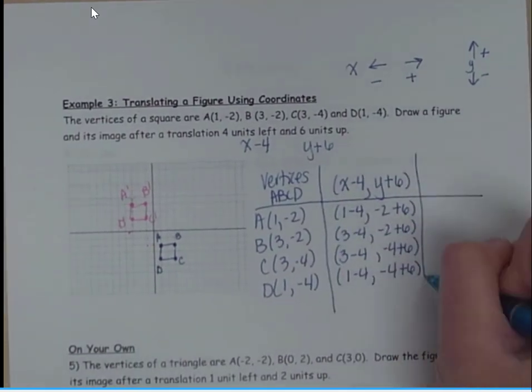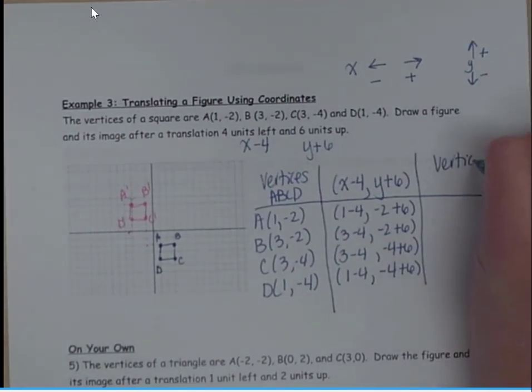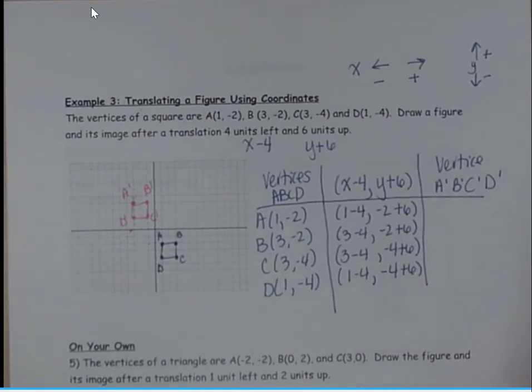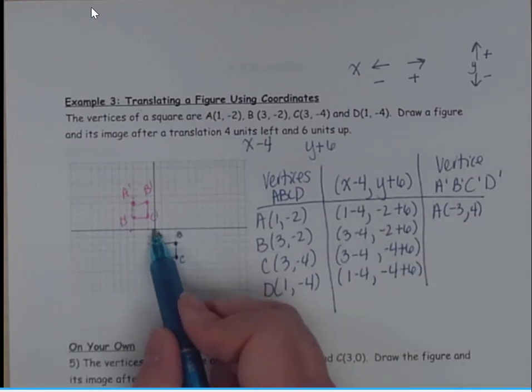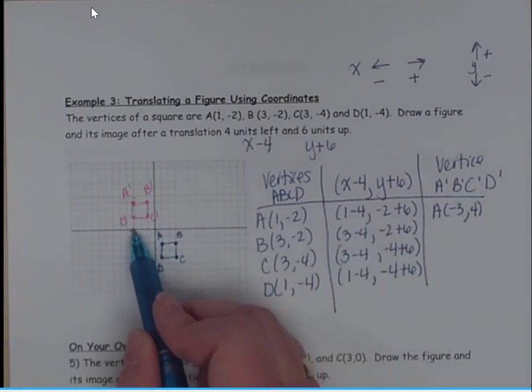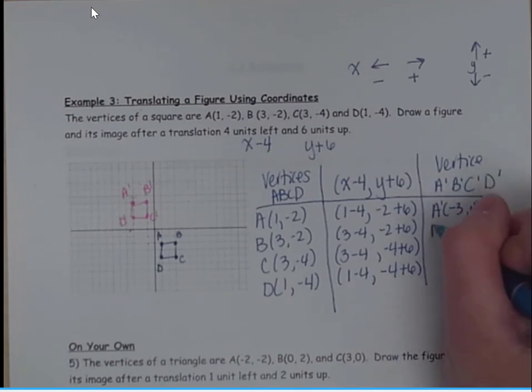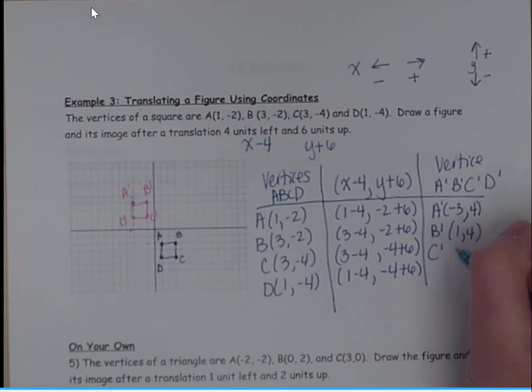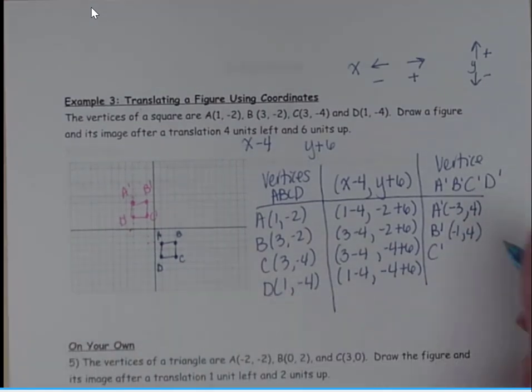So now this is going to give me the vertices of A prime, B prime, C prime, and D prime. So that means I have A prime at negative 3, 4. And if we check, look at that. Negative 1, negative 2, negative 3, 4. So B prime is at negative 1, 4, C prime is at negative 1, 2, and D prime is at negative 3, 2.